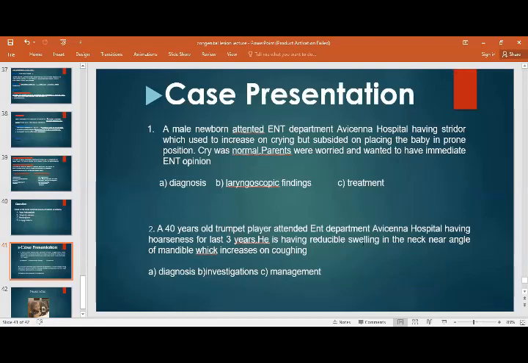And what is the management? Of course surgical, depending on the size. Mostly management is surgical. Hope you understood the lecture, but if you have any query, please write it down in the chat box so I can answer you.